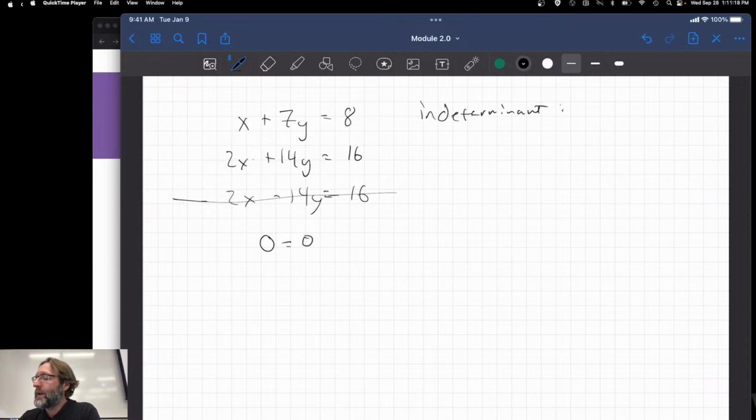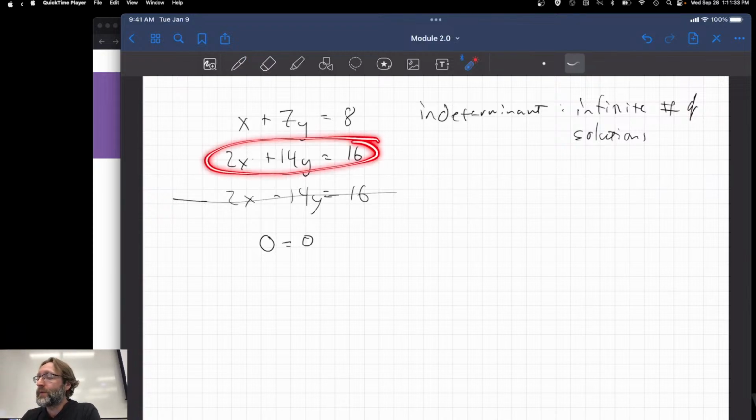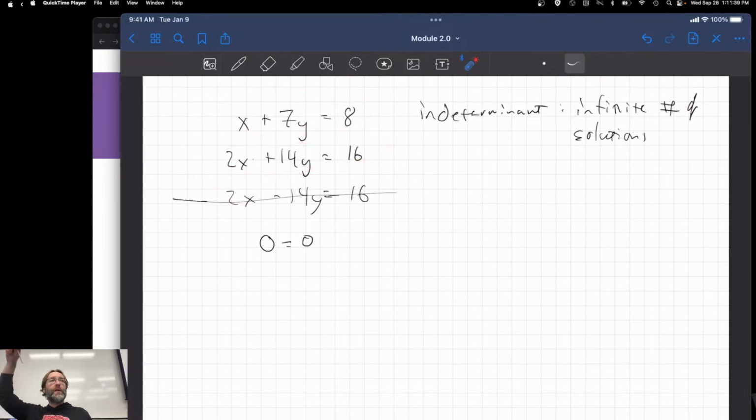There are an infinite number of solutions. It is 2 unknowns with 1 equation. This second equation here is just 2 multiplied by the first equation. So all this is 1 line, and how many points are there in a line? Infinite number. Any point on that line is going to satisfy this equation right here.